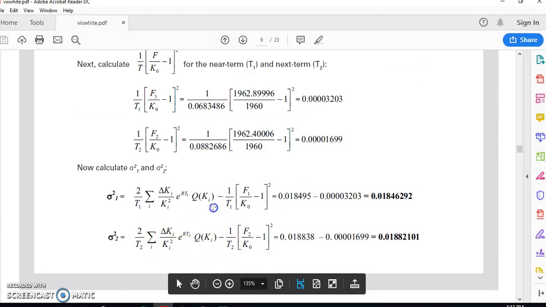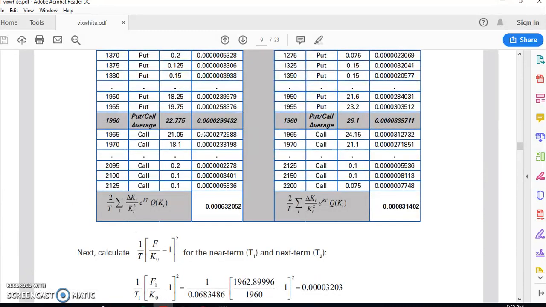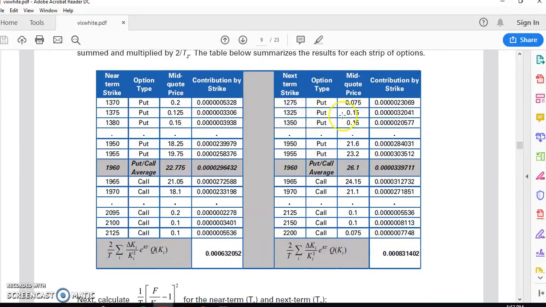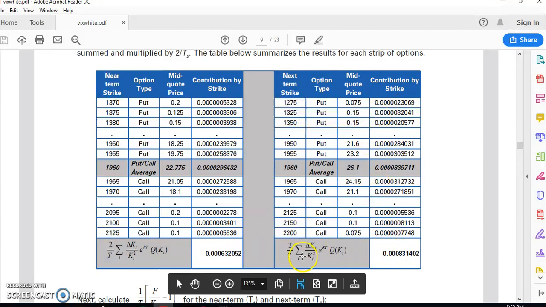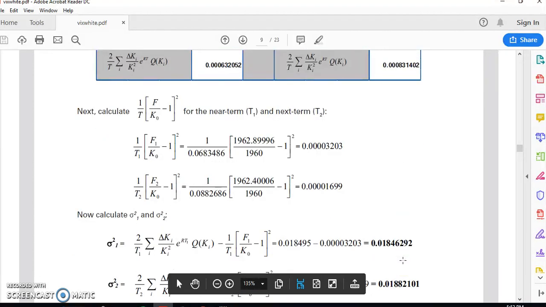So the estimates that we had made here in terms of the near expiry option data, we had to repeat for the next contract, the 32-day option data, and again estimate the value that we have here, ultimately multiplied by 2 divided by T2.